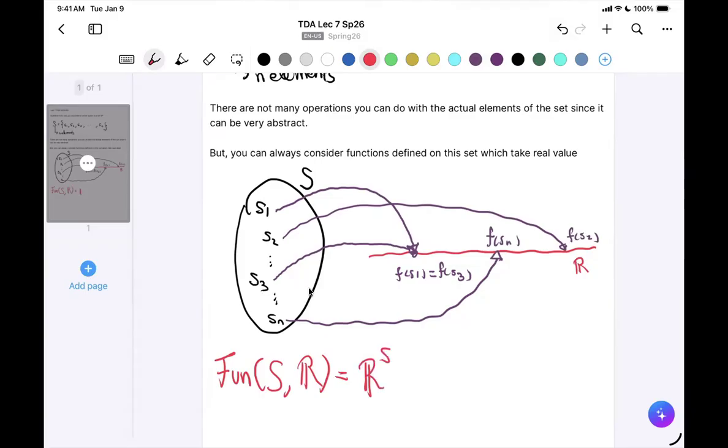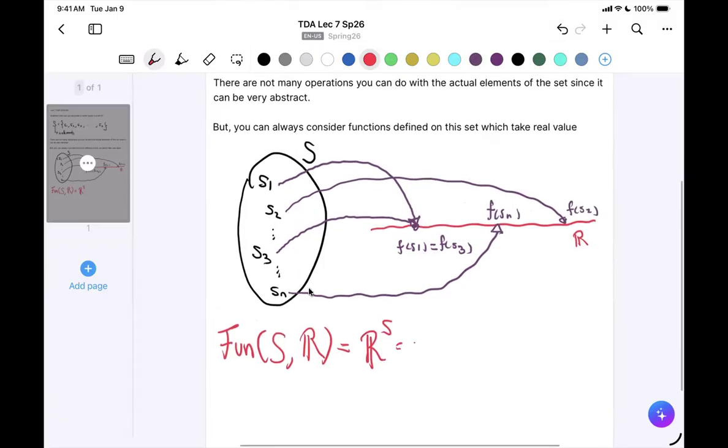This one I'll explain why it's written in this way in a moment, it's a little bit less clear. The first one is more explicit, it's for functions, and it means you're considering all the functions that take elements of this set into the reals. So an element of this set is a function that goes from the set into the real numbers.